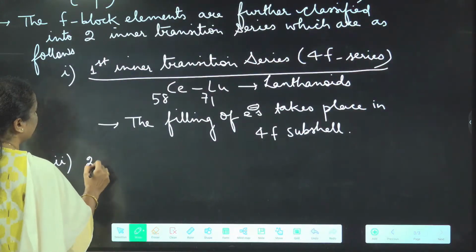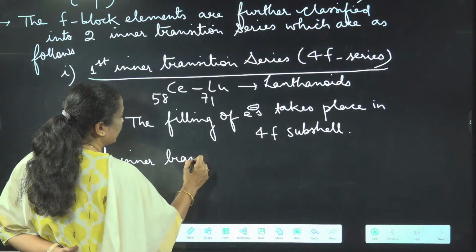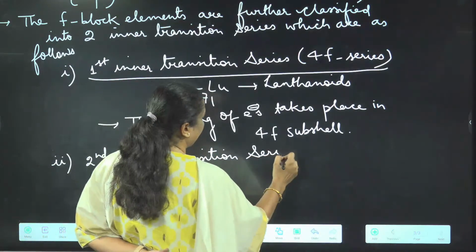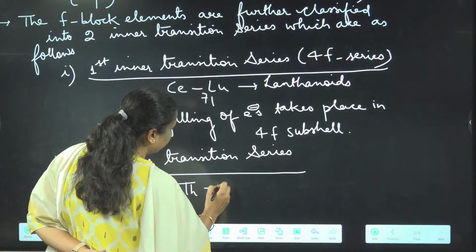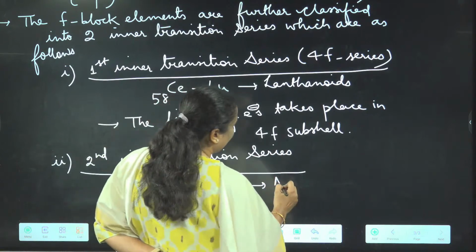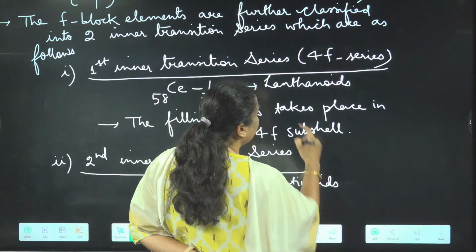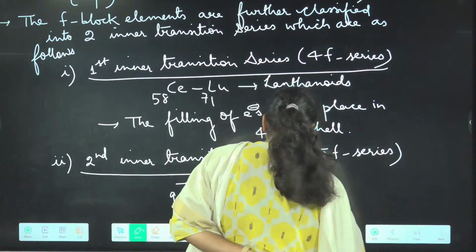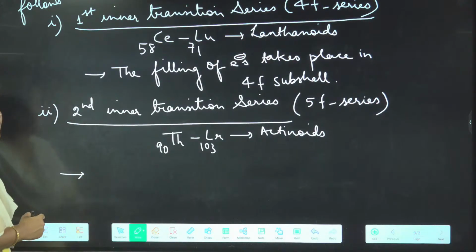Now next one is the second inner transition series. Okay, and here you are having thorium to lawrencium, which is 90 to 103. They're also known as actinoids, and the way we are calling that the 4F series, here also we can call them the 5F series. So why am I calling them the 5F series?